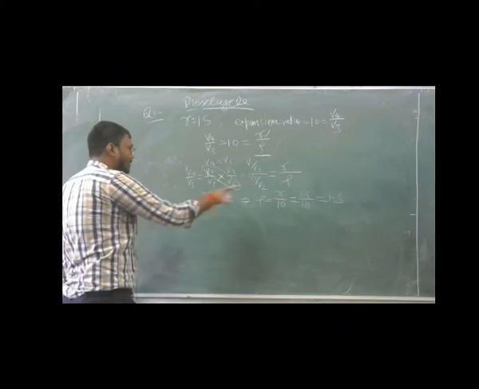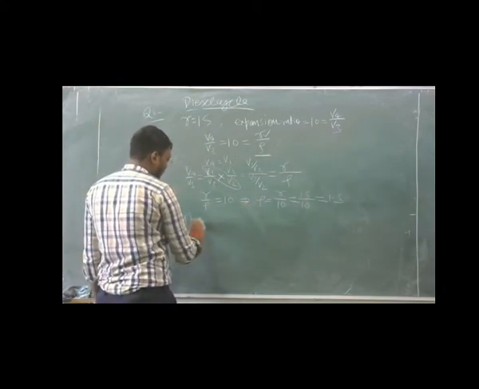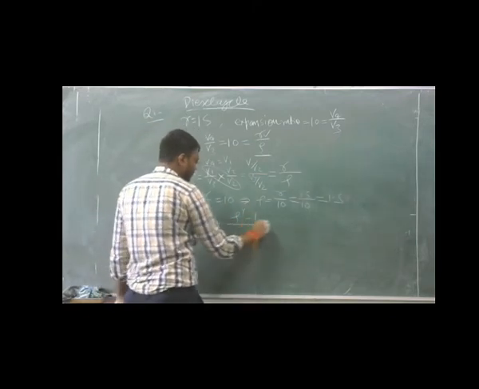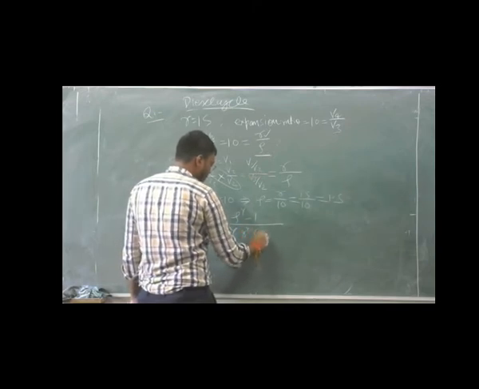So put the value of rho. Now we know the value of R and rho, so we can easily calculate by the formula: eta equals 1 minus rho to the power gamma minus 1, divided by gamma R to the power gamma minus 1 into rho minus 1.